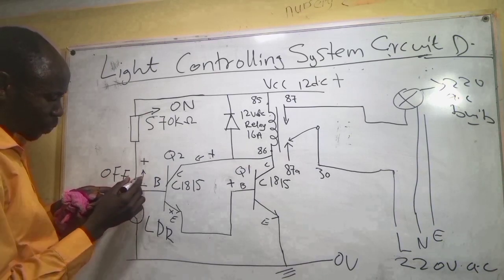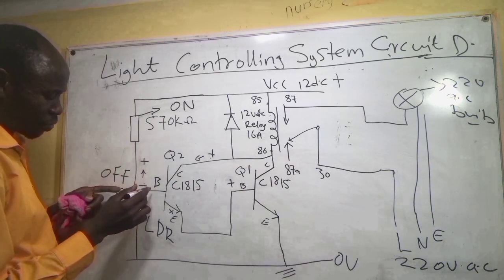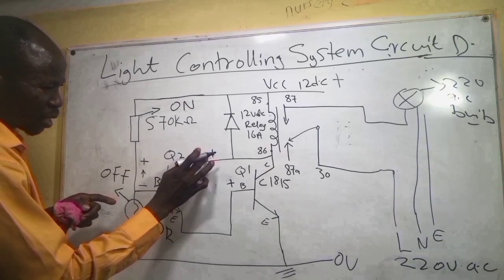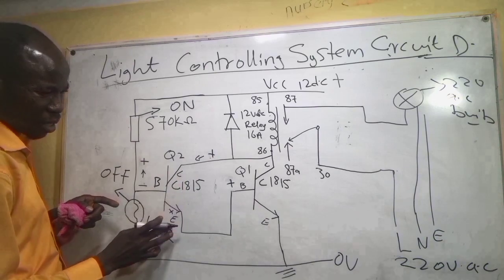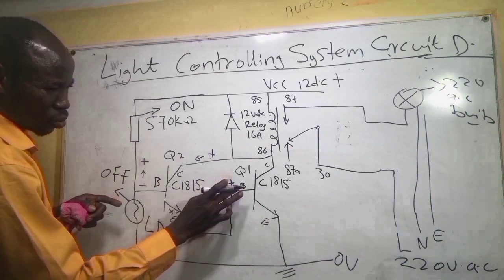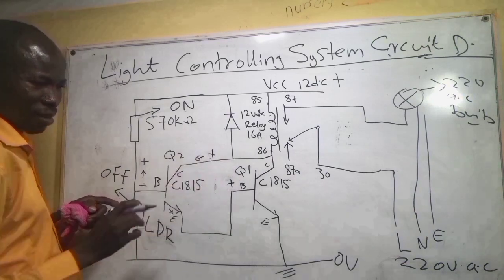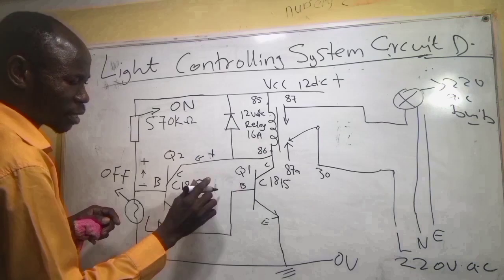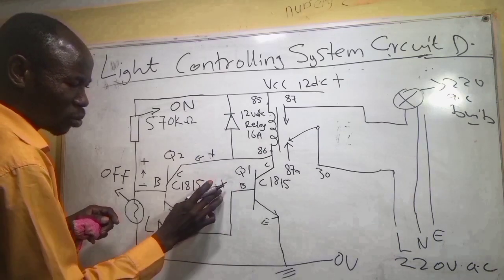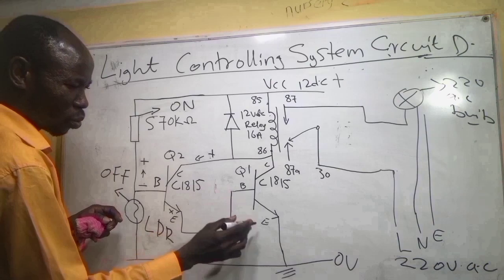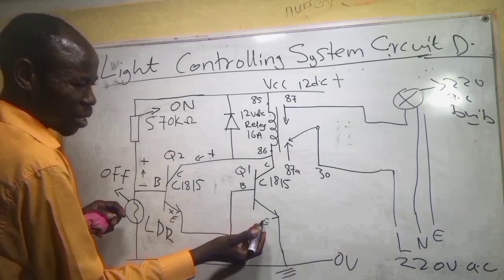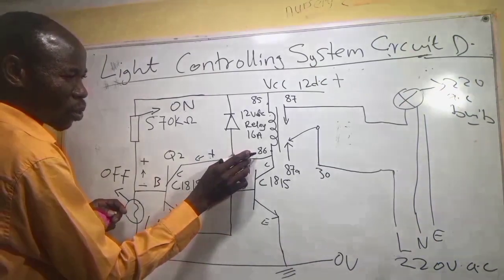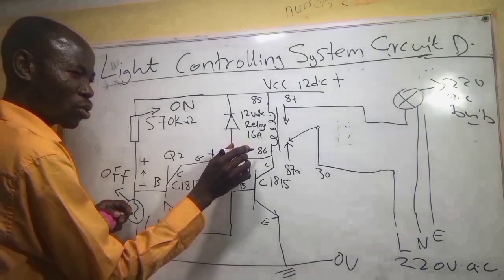As it repels the positive, it will close Q2 and stop it bringing positive to the emitter to the Q1 base. If Q1 loses its positive, it will close. So the emitter will stop bringing the negative to the collector. So it will cause relay pin 86 to go off.